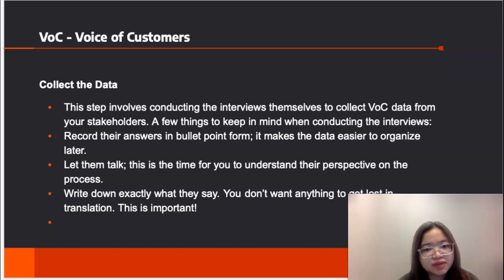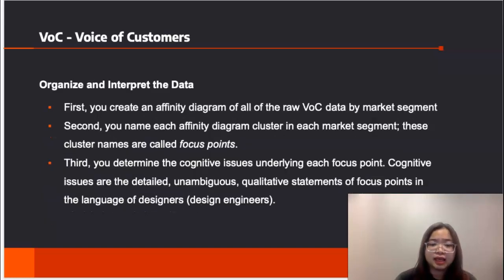We need to collect the data from the interviews, from the stakeholders. There are a few things to take into consideration when we do the interview. Either we record the answers in bullet points, or we let them talk and write down exactly what they say.